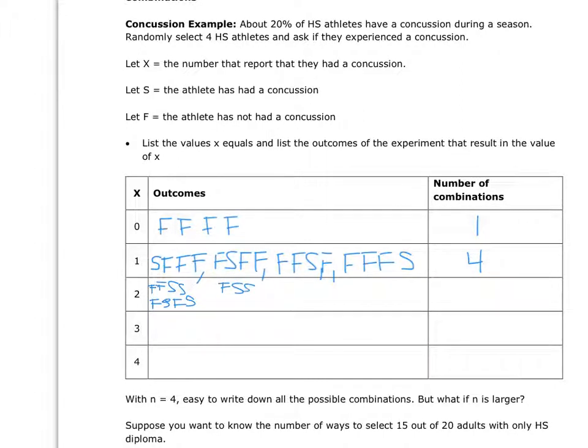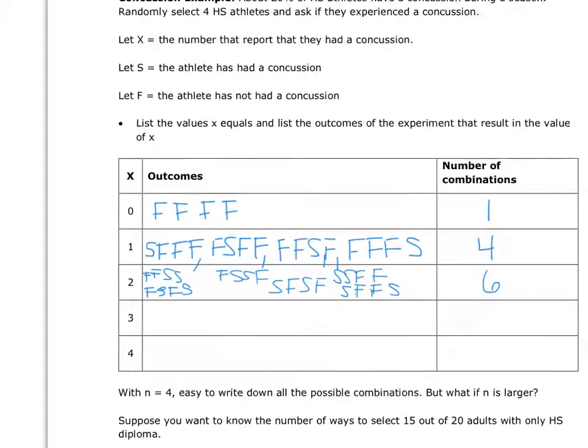The first and the last could be no, and the middle 2 yes. We could have the first 2 yes, the second 2 no, and then we could have the first and last be yes, and the middle 2 be no. And that gives us all the combinations. So that is 6 combinations where X is equal to 2 to say that they have had a concussion.